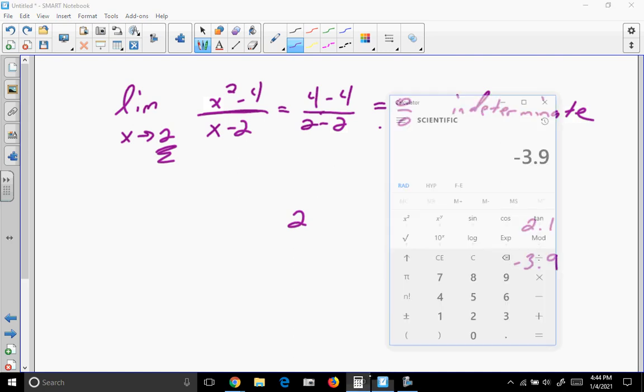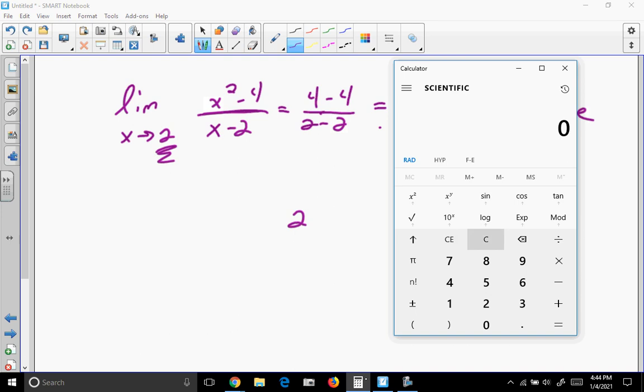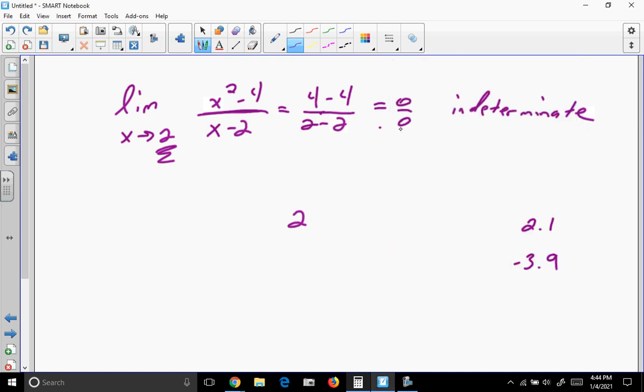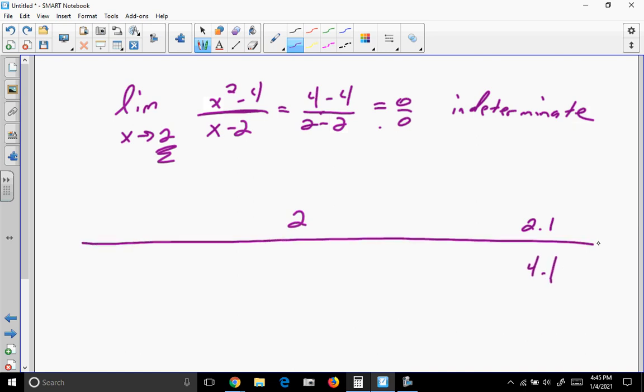And I don't think I did. I think I had something left in my calculator. So let's try that again. We had 2.1 squared minus 4, divided by 0.1. So yeah, that should be 4.1.